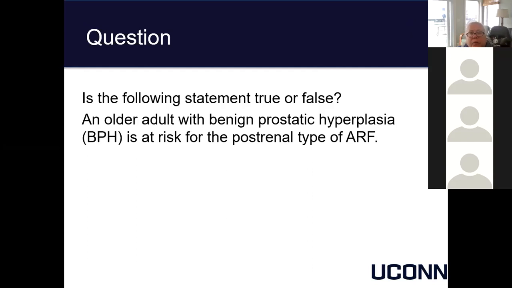So an older adult with benign prostatic hyperplasia, or BPH, is at risk for post-renal type acute renal failure. I heard Eugene said that is true, and I agree with that. Again, that's a blockage, a big prostate that's keeping the urine from flowing out. Now that's even below the bladder.